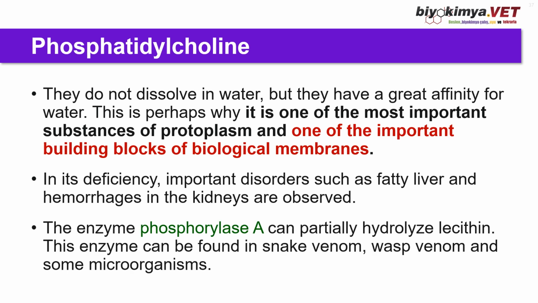The enzyme phospholipase A can partially hydrolyze lecithin. This enzyme can be found in snake venom, wasp venom, and some microorganisms.